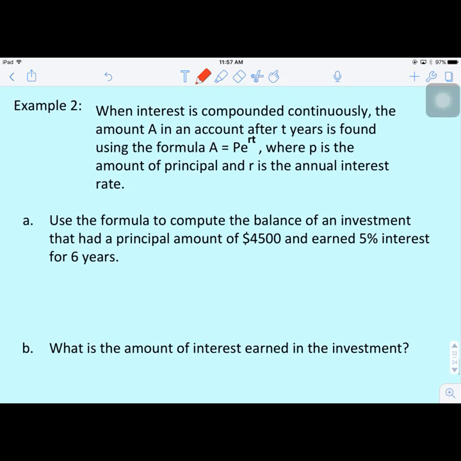Next, let's take a look at the real-world problems working with interest. So here we introduce to you a new equation. Whenever you see the keyword continuously, everyone, we are dealing with the equation A equals PERT.